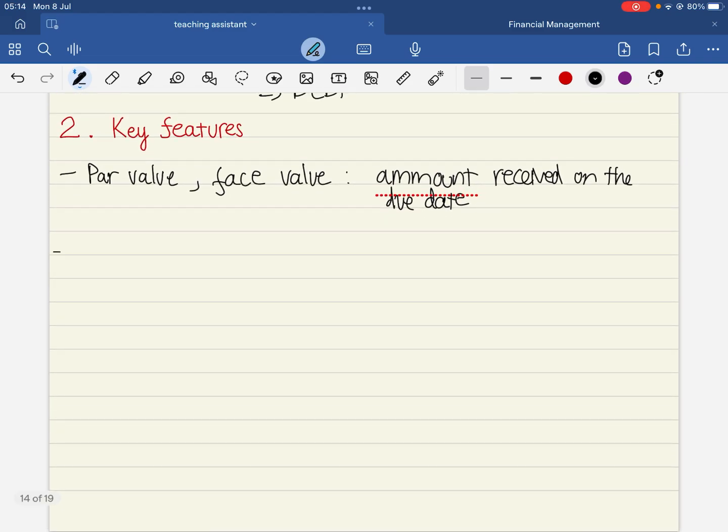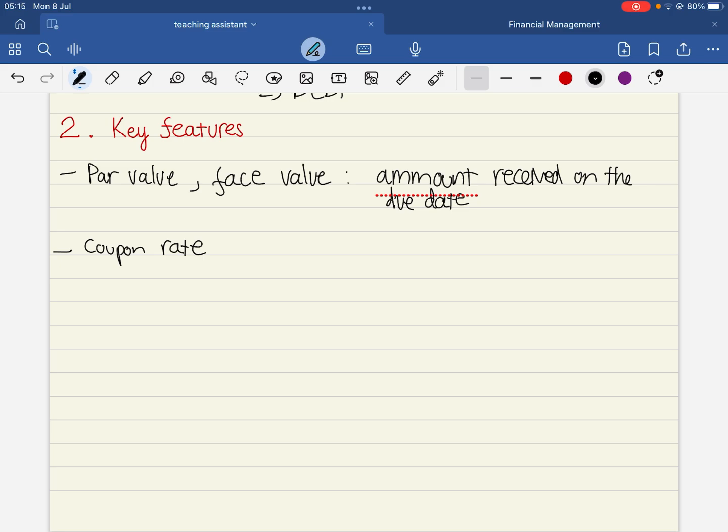The second element is very important as well. It's the coupon rate. So what is a coupon rate? Basically, if you borrow money, for example if you go to a bank and borrow money, what do we have to do? We have to pay the interest and also the amount of money that we borrowed. Similarly, if a company issues a bond, they are borrowing your money, so they will have to pay you interest as well.